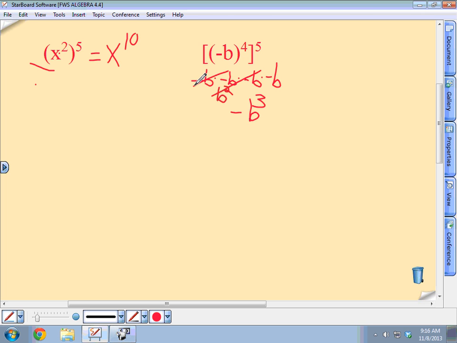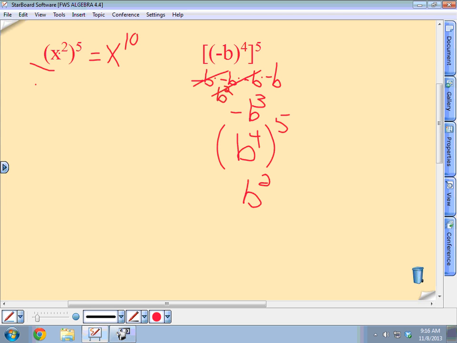Positive b to the fourth power. And then I'm raising the whole thing to the fifth power. Now, Desiree, what's b to the fourth power raised to the fifth power? B to the 20th.